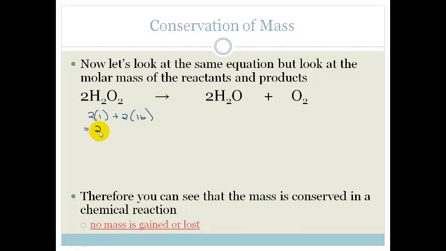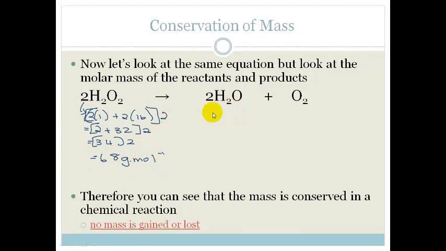That's 2 plus 32, which equals 34. But there are 2 hydrogen peroxide molecules, so if I multiply this by 2, do you see we end up with 68? So the molar mass is 68 grams per mole on the left-hand side.